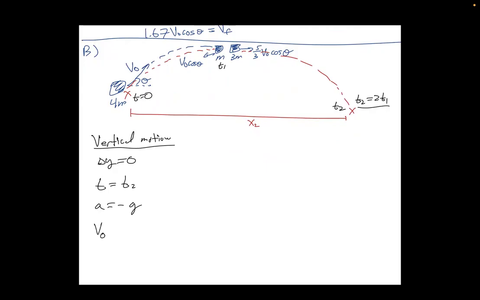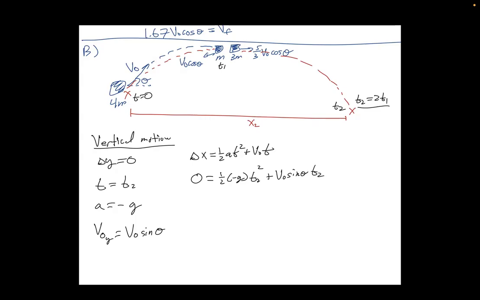That's key. The starting velocity in the y direction is v naught sine theta. So we'll use the equation delta x is equal to 1/2 a t squared plus v naught t. In this case, 0 displacement is equal to 1/2 times negative g t2 squared plus v naught sine theta times t2.